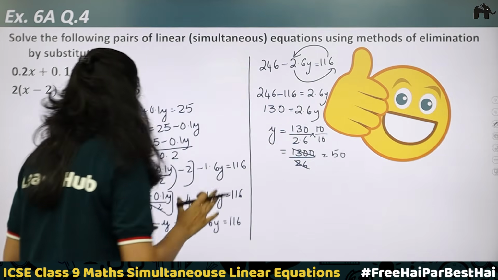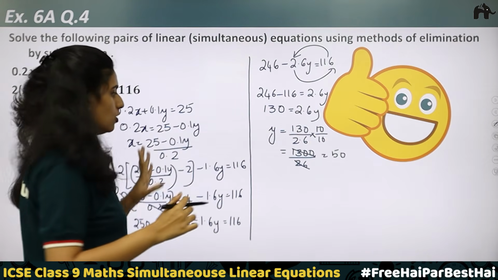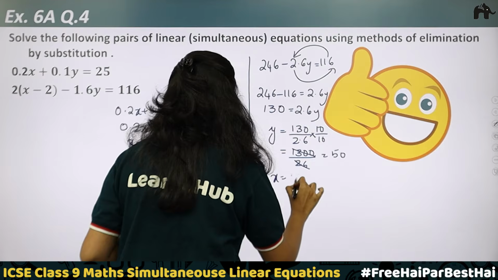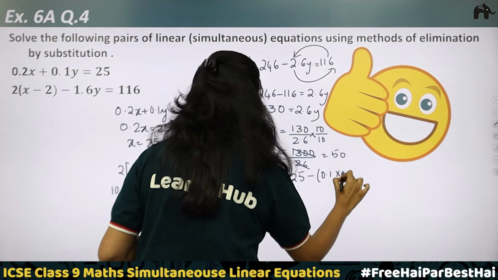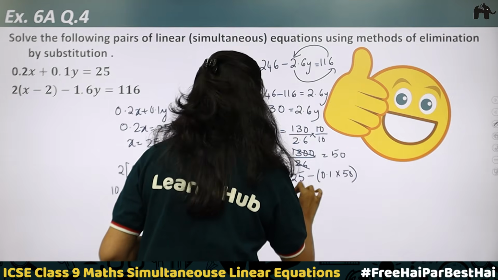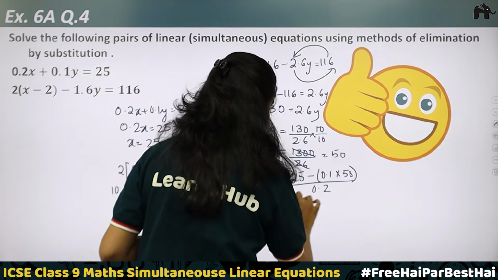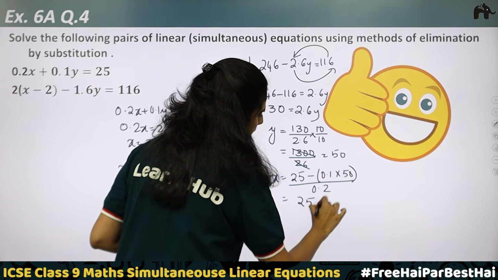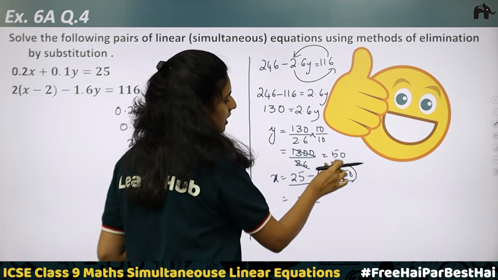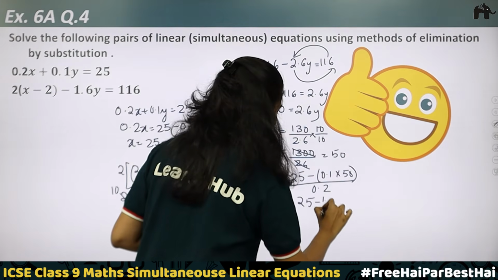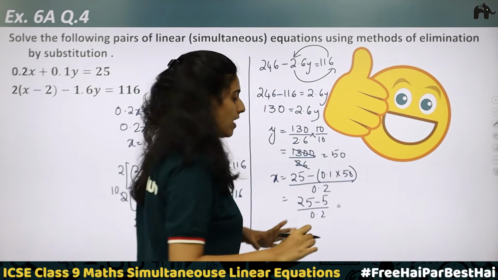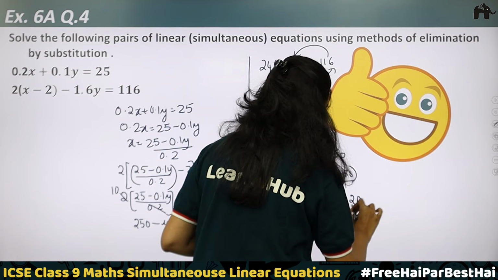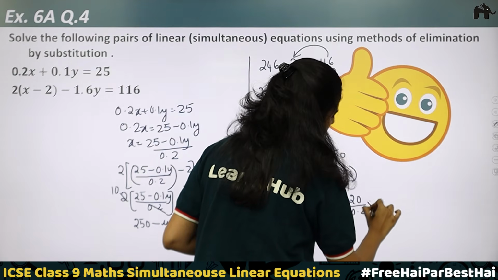Now this y value is substituted to find the value of x. X is equal to (25 minus 0.1 into 50) divided by 0.2, that is equal to (25 minus 5) divided by 0.2, which is equal to 20 divided by 0.2.